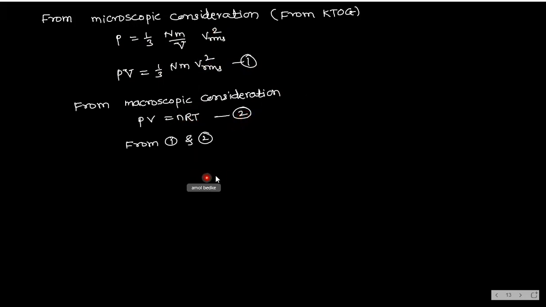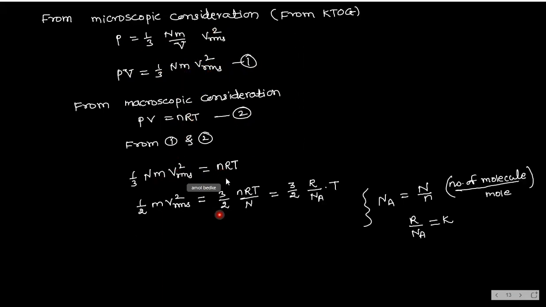Now from equation 1 and 2, what we are getting, see, this 1 by 3 Nm Vrms square is equal to nRT, and therefore half m Vrms square is equal to 3 by 2 n by N into RT. Just I am transferring this 3 to this side and then multiplying with 1 by 2.